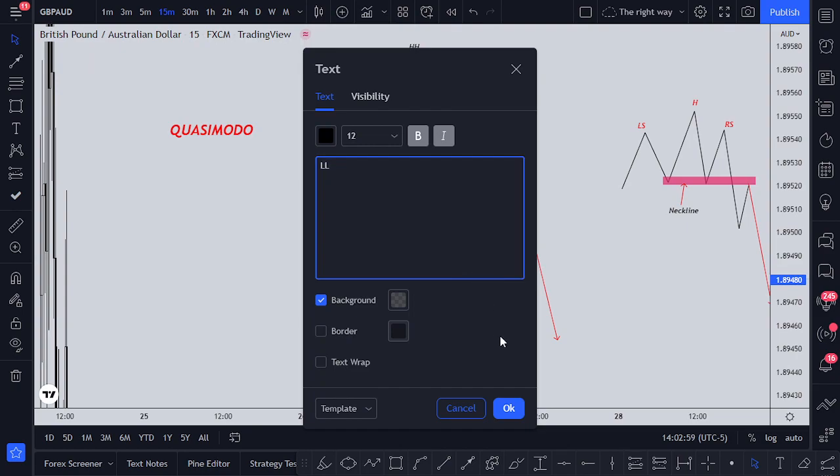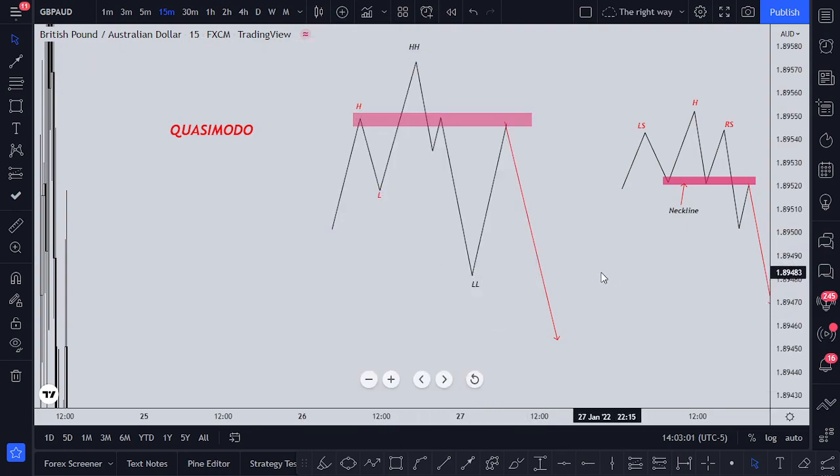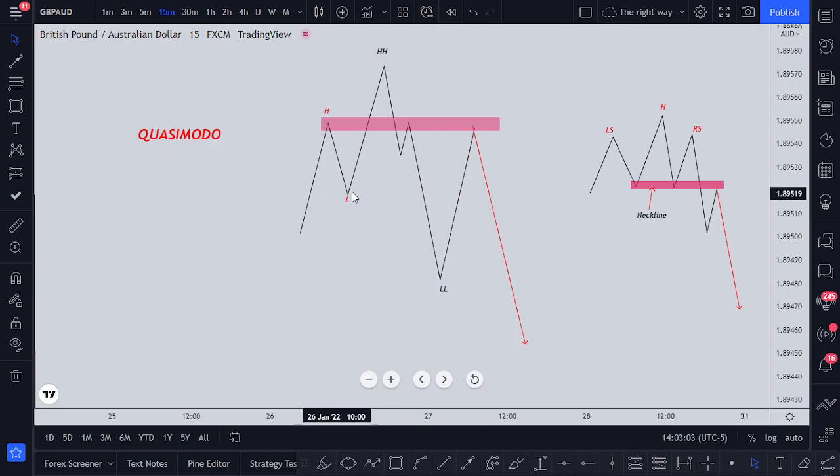Can you see the difference? This lower low is lower than this. This swing point is lower than this, is lower than this swing point. But as compared to the typical head and shoulders pattern, the lows are almost the same. The neckline is at the same level. But this one, we have the high, low, higher high, lower low, which is lower than this one, the low.